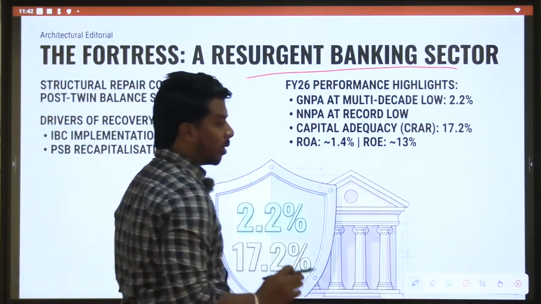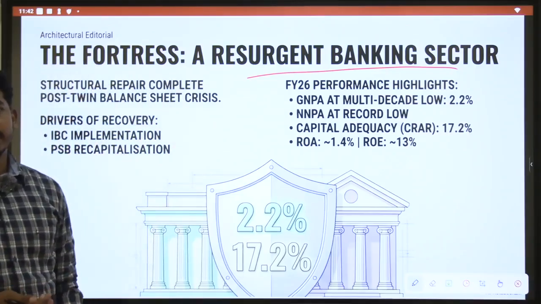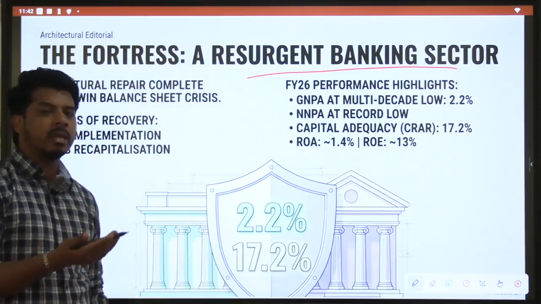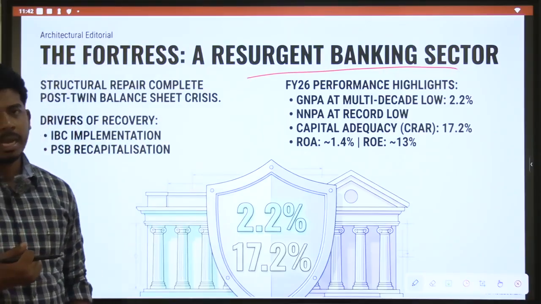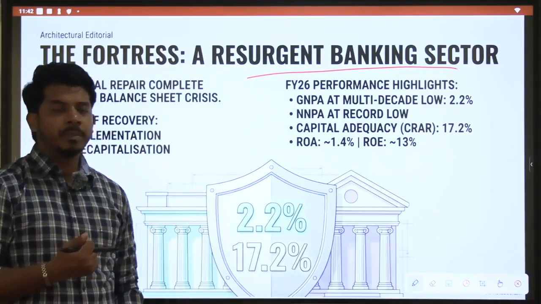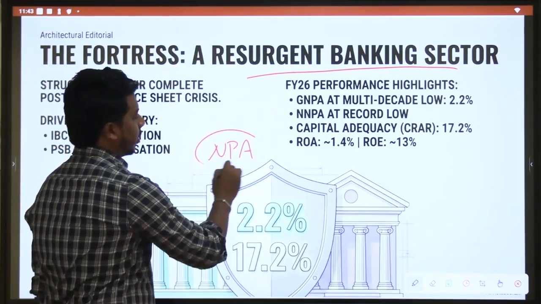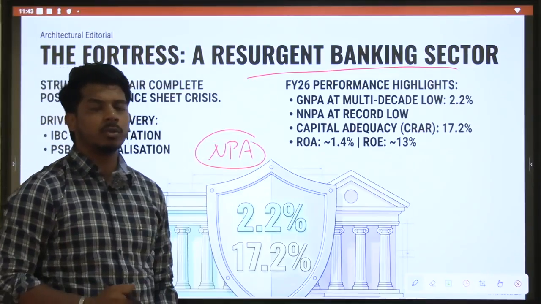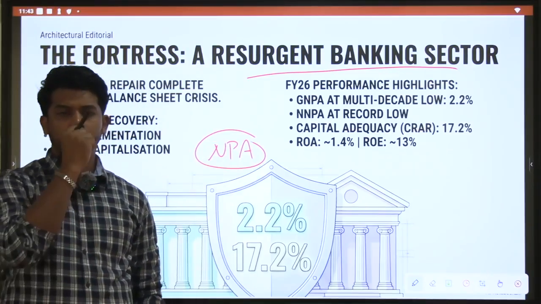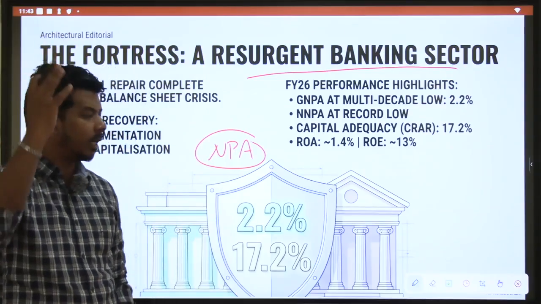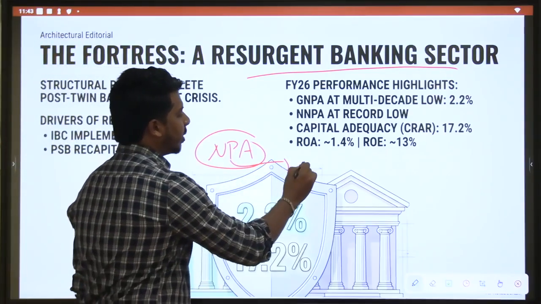One good news: the Economic Survey is telling us that a few years back, we used to have so much crisis. The non-performing assets, I have told you in the previous class also, are the bad loans. Among the loans given by the bank, those loans which are not paid back for more than 90 days are bad loans or NPAs. NPAs had touched 9%, 11% of the loans given previously.